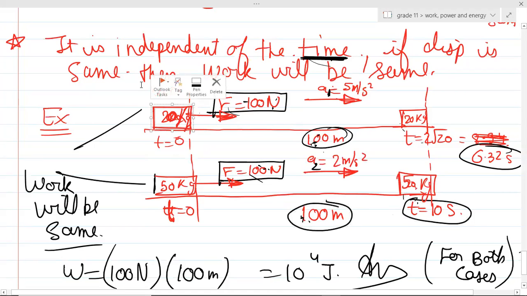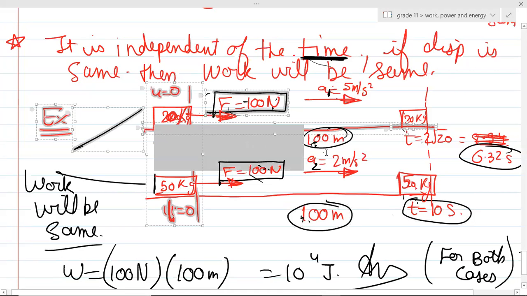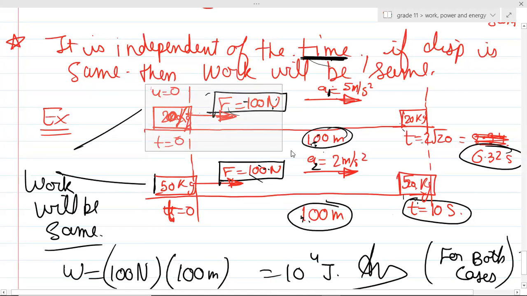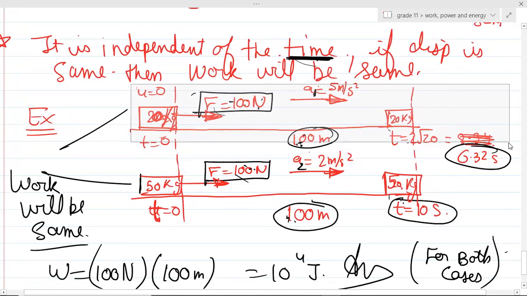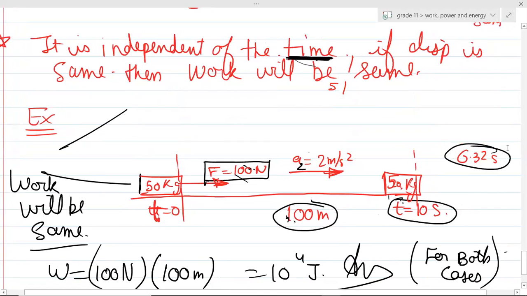You applied this 100 Newton force on the 50 kg block. For the same displacement, what is the work? 10 to the power 4 joules. So can you see, we are comparing between two cases when the same force is applied for the same displacement.